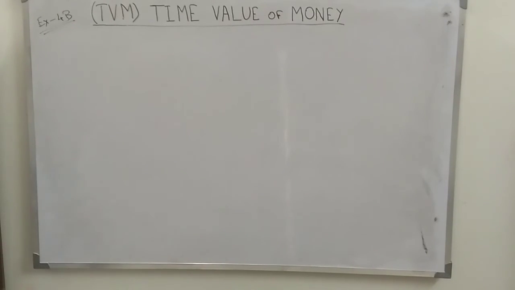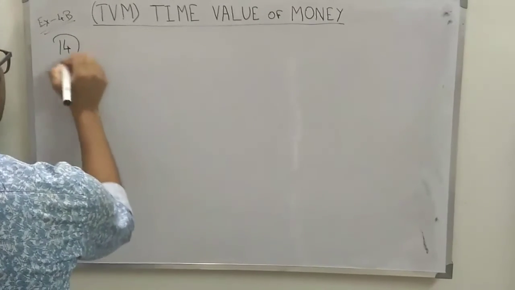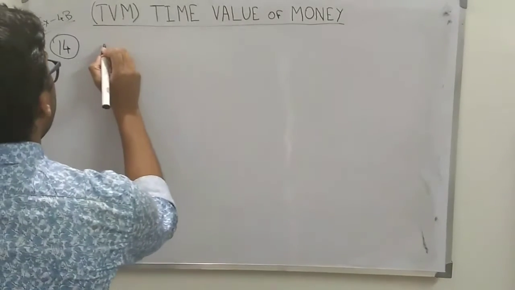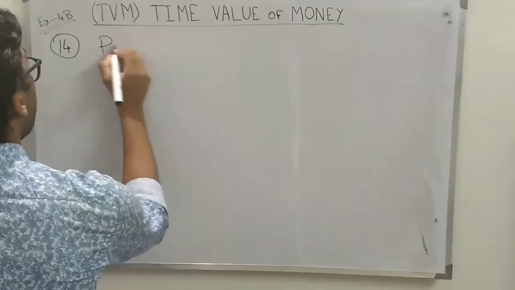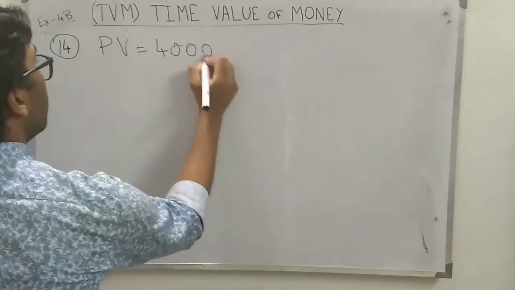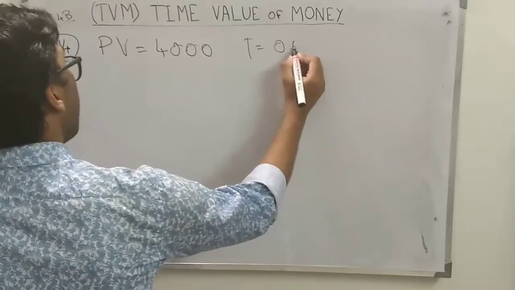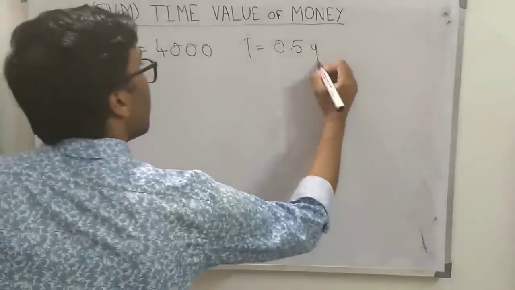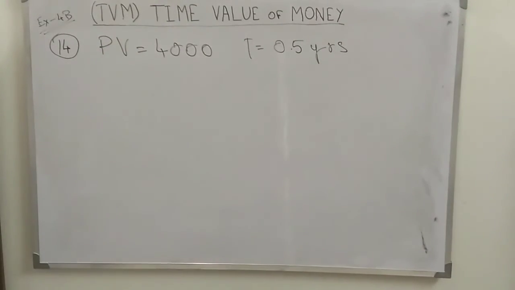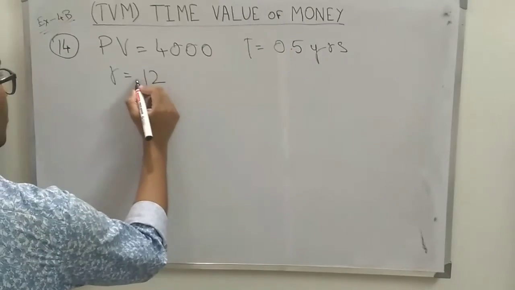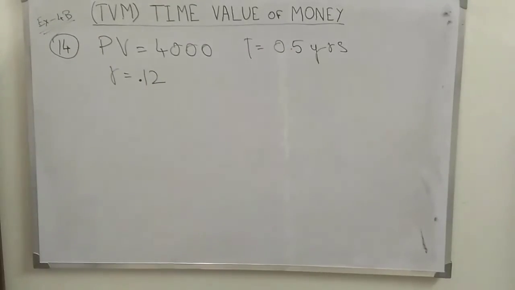Question number 14. The compound interest on rupees 4000. That means the present value is 4000 for 6 months, so time is 0.5 years, at 12% per annum, payable quarterly.